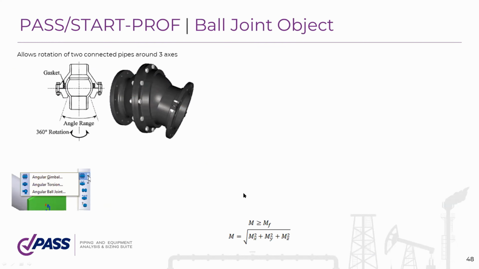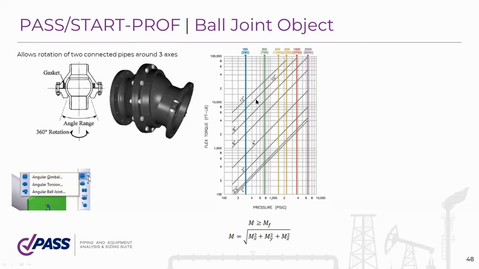Now, let's see another feature. The problem is that the friction moment depends on the pressure. So if we have a piping system that operates under different pressures, for example, operation pressure, design pressure, and other pressures, we need to specify different friction moments.